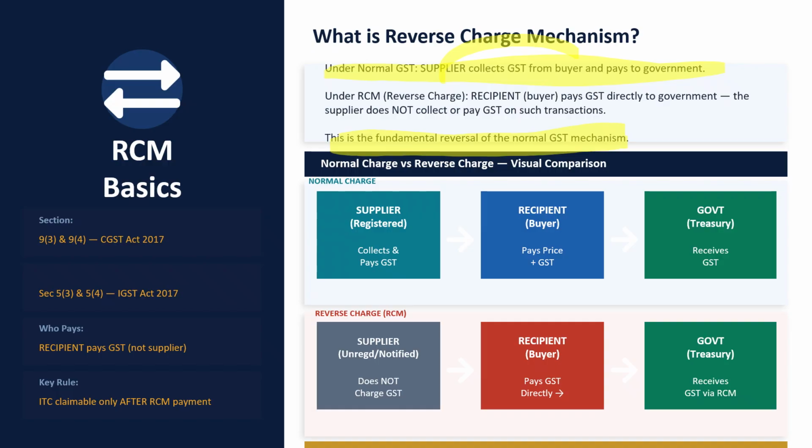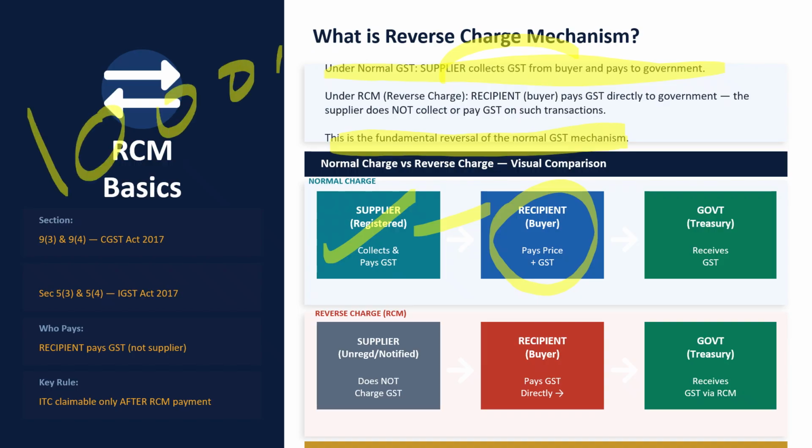In normal charge, the supplier is registered, collects and pays the GST, and the recipient, the buyer, pays the price. Suppose your invoice value is 1 lakh, and the GST on that is 18%.